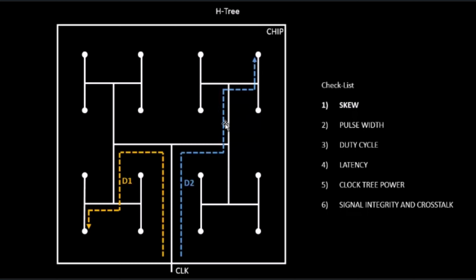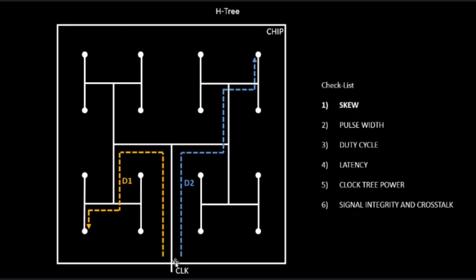So this essentially tells us that since the lengths are equal, the time required for the clock to reach this point and this point will be the same. So over here the skew is exactly 0, because the difference between the time required for the clock to reach this point and this point is exactly the same.